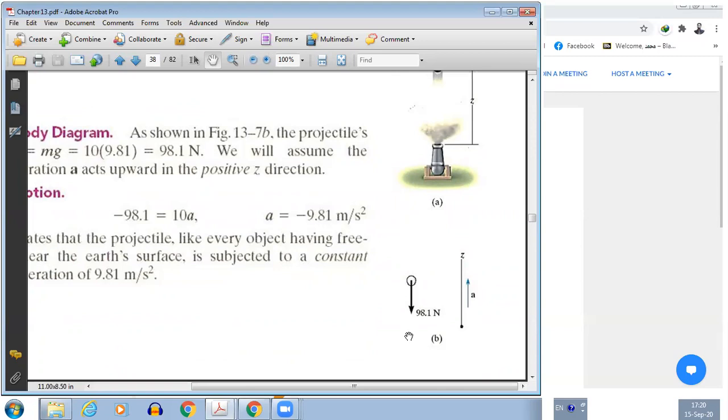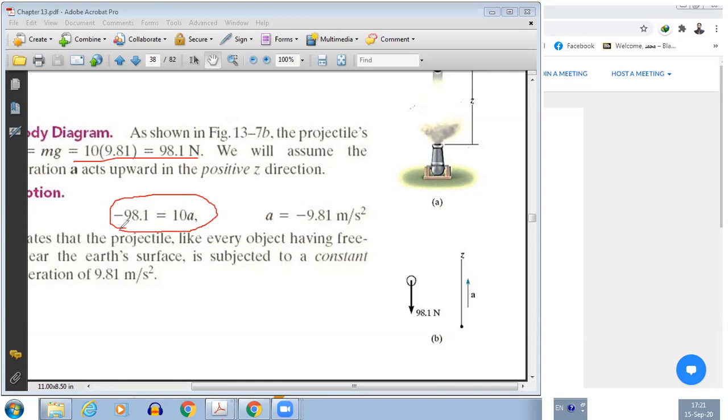So summation F equals ma, and summation F is basically the weight, 98.1, because it is 10 kg and it is moving downward. So it's negative 98.1 equals ma. So your acceleration will be negative 9.81 meter per second square.